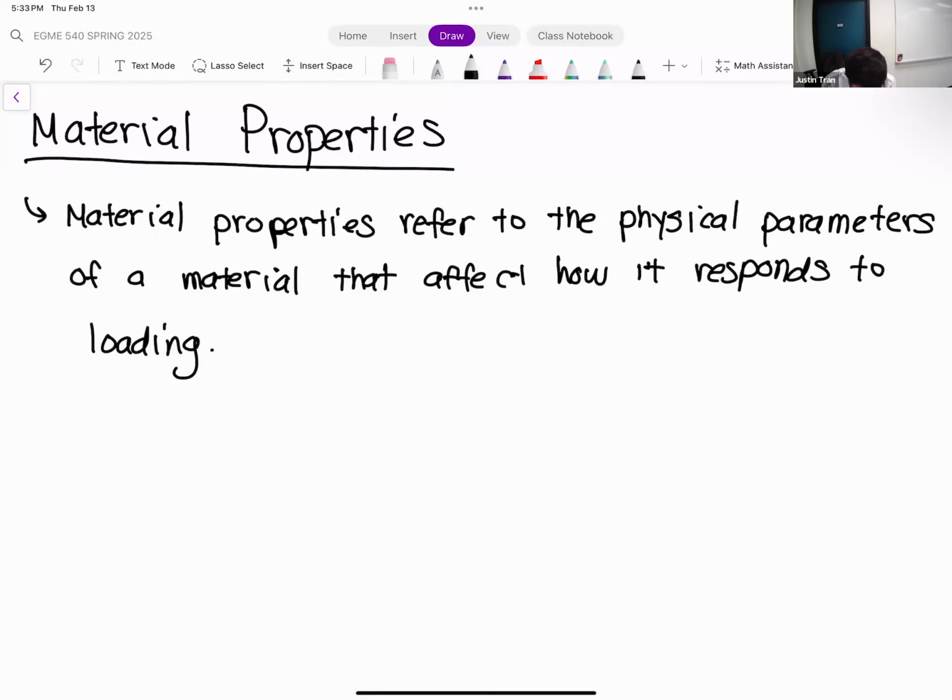Every material on this earth is composed differently of different molecules and atoms, and how they're all bonded to each other affects how they respond to physical force. So material properties are not anything new. You've definitely covered them before in previous classes.